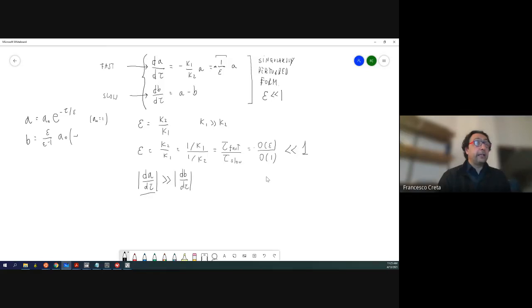A0, and then you'll see the two time scales here: minus e to the minus tau, so a time scale of order 1, minus e to the minus tau over epsilon.